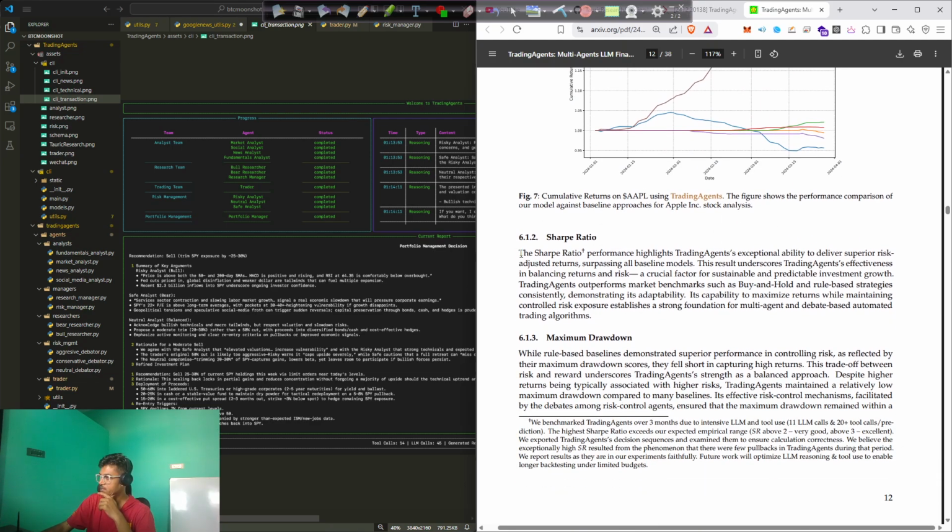Sharpe ratio. The Sharpe ratio performance highlights trading agents' exceptional ability to deliver superior risk-adjusted returns, surpassing all baseline models. This result underscores trading agents' effectiveness in balancing returns and risk, which is a crucial factor for sustainable and predictable investment growth. We have really good Sharpe ratio.